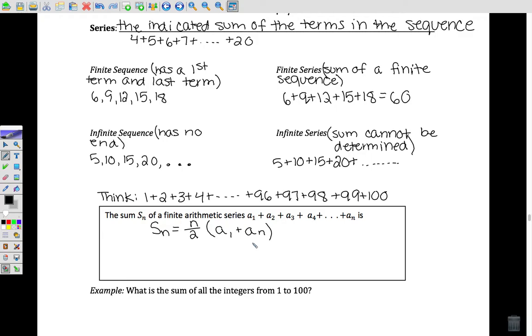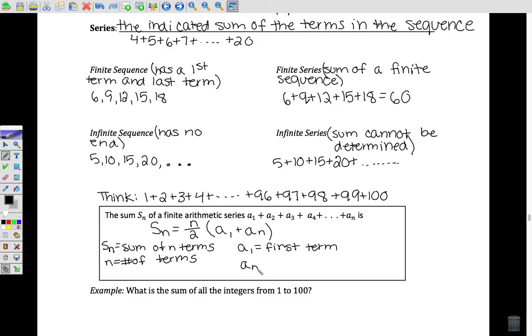So what do all these variables mean in here? S sub n just turns out to be the sum of n terms. So what do you get when you add all 15, let's say, terms together? n is just the number of terms you're adding together. A sub 1, just like it was in our formulas before, is the first term.